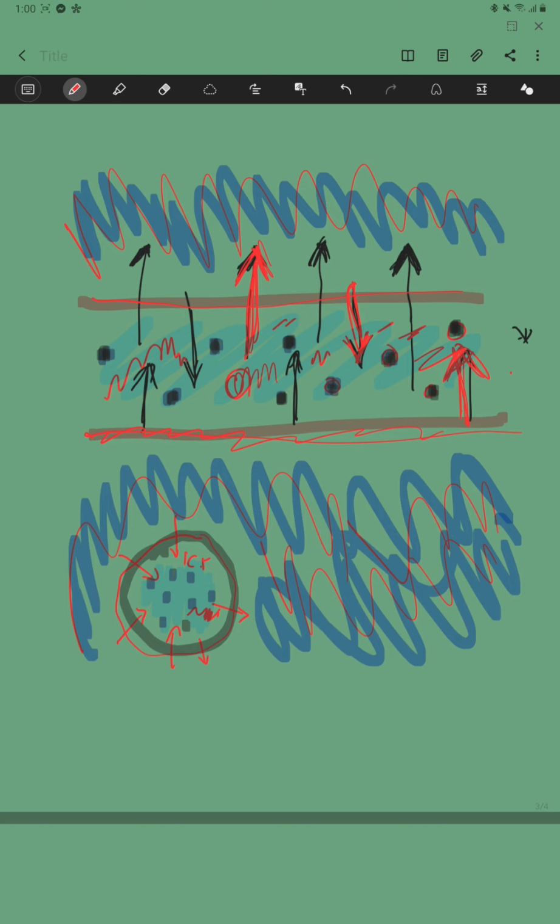So take note that your oncotic pressure is a specific type of osmotic pressure that is specifically exerted by your proteins or albumin.